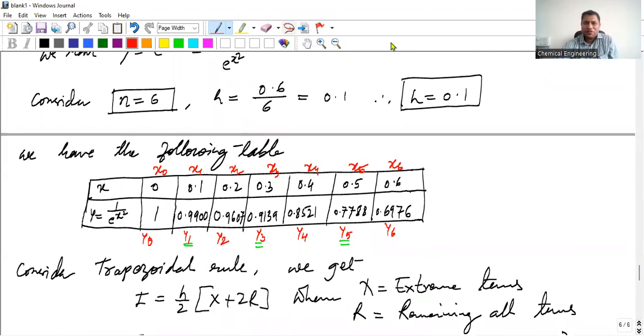Okay, that's good. So this way we are able to use the Simpson's 1/3 rule, Simpson's 3/8 rule, and the trapezoidal rule. These are the commonly used rules for numerical integration.